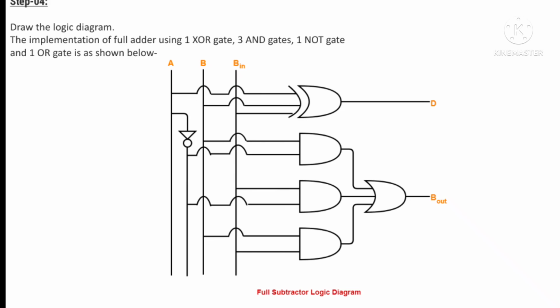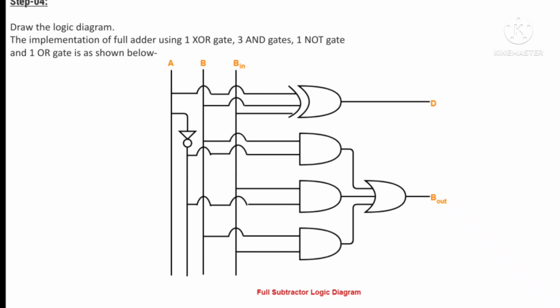We have to take 3 AND gates and 1 NOT gate to obtain B out. The input variables of the first AND gate are A bar and B, and the output of the first AND gate is A bar B. The input variables of the second AND gate are B in and A bar, so the output is A bar B in.